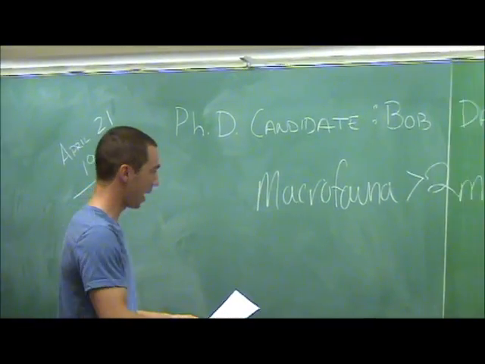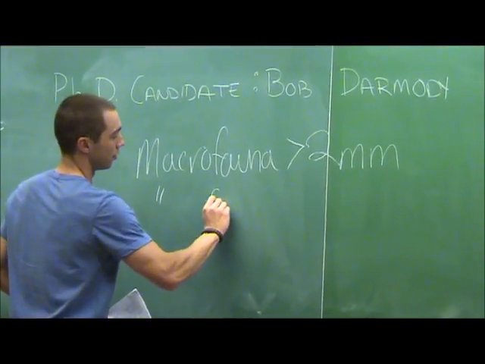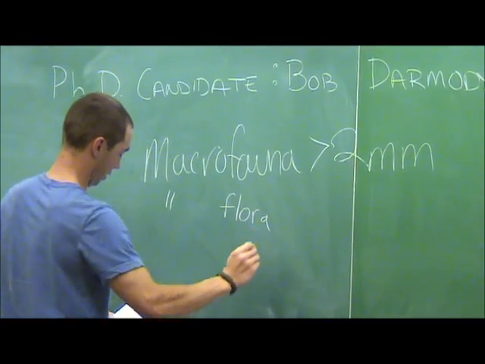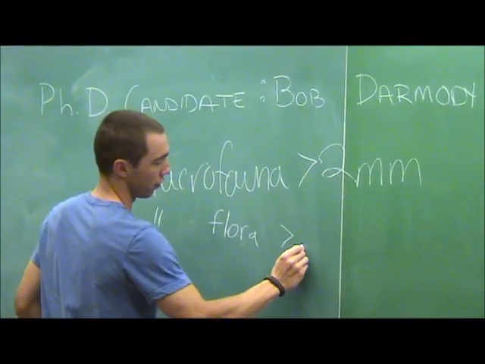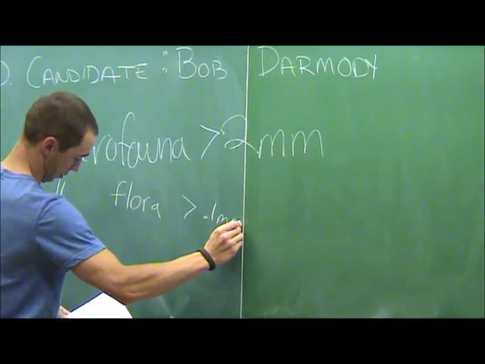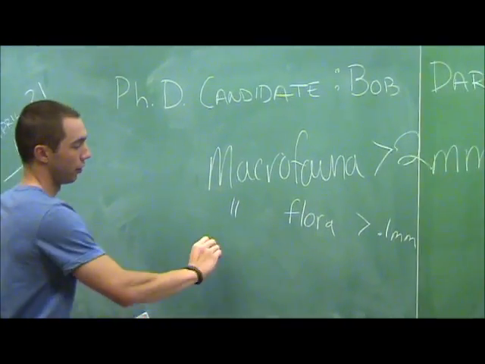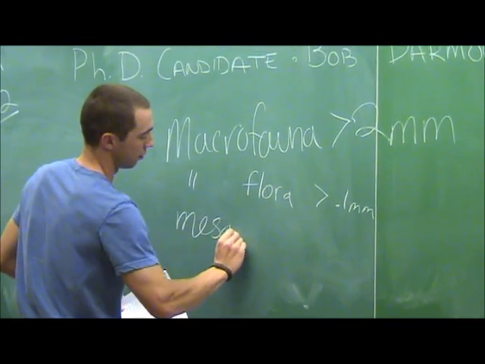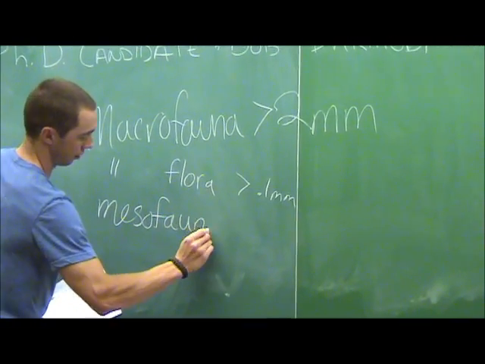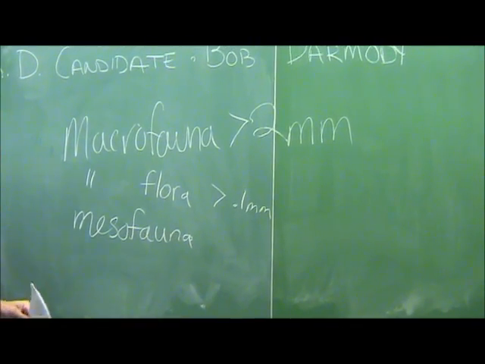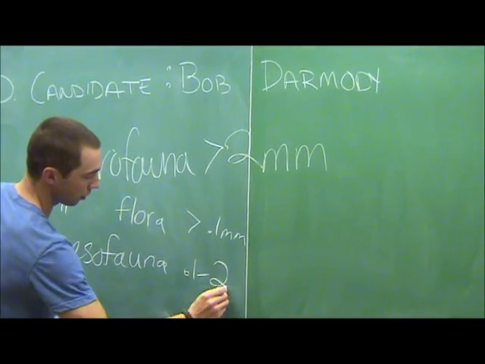So, macroflora is greater than 0.1 millimeters. Next is mesofauna. This ranges from 0.1 to 2 millimeters.